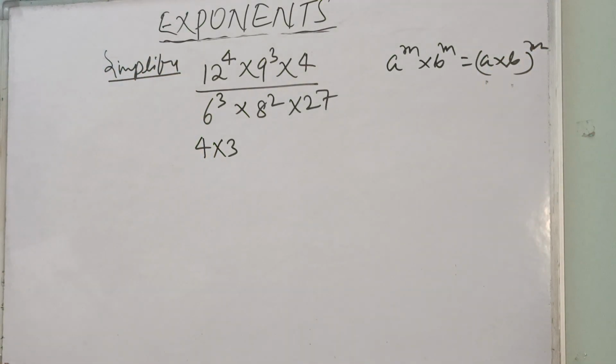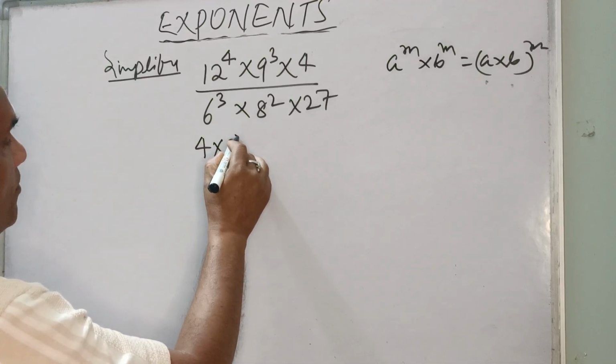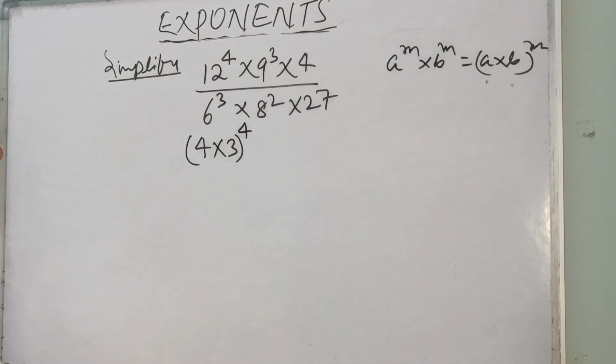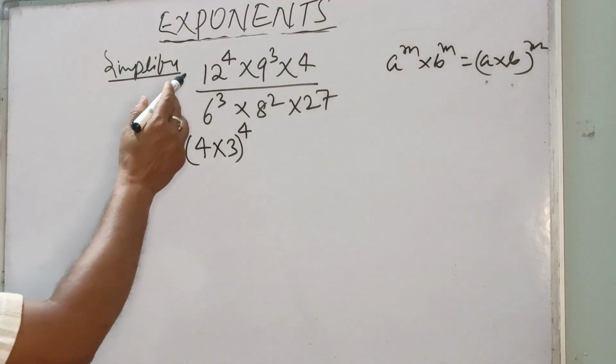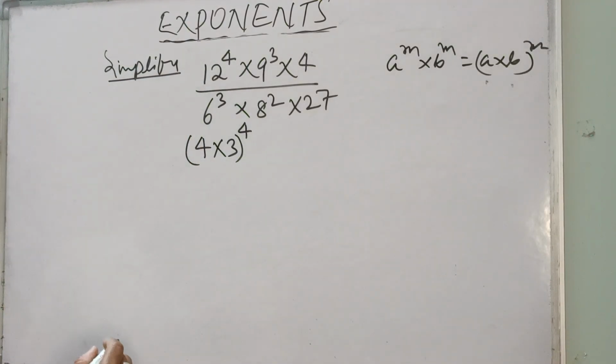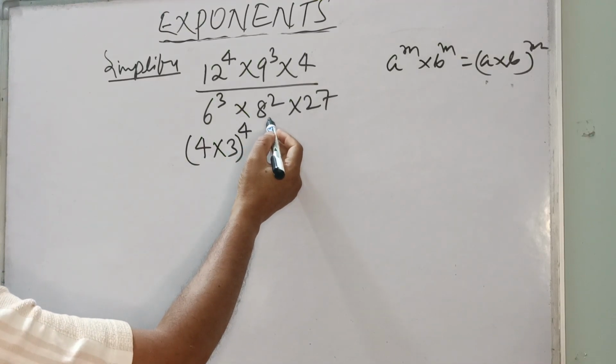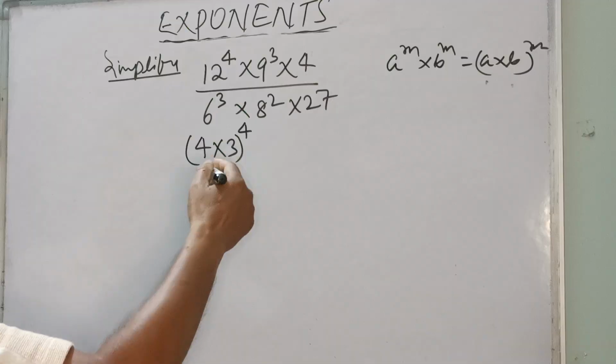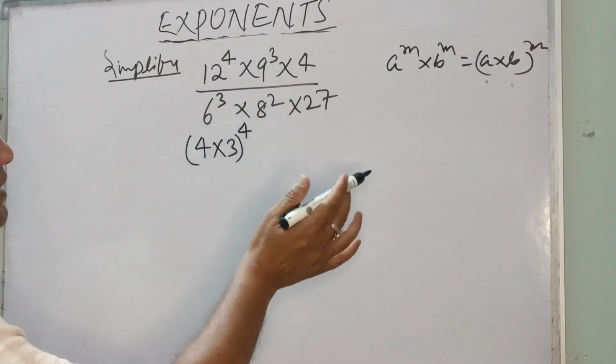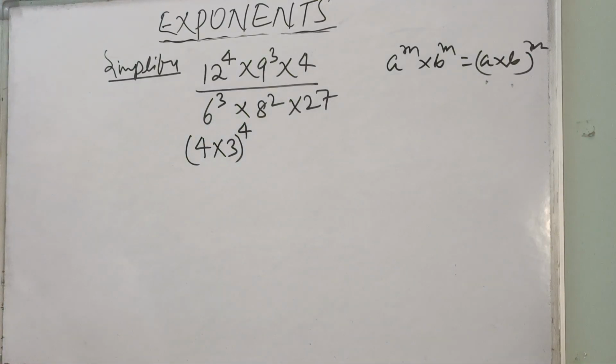So 4 into 3, here we can write power 4. Is there any issue? No issue, right? (4 into 3) power 4 we have written, because we have broken down this 12 power. Again this 12, because here it is 8 square, you have to minus these things, so where can we cut this, or where can we add the power also, right?